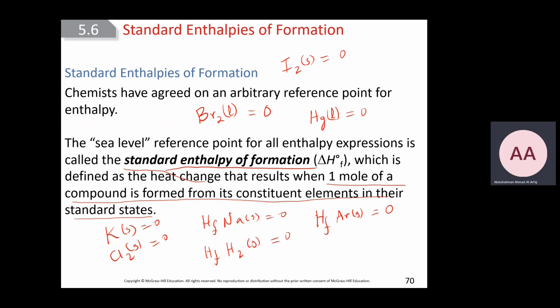Heat of formation is 0. All of these are 0. Heat of formation of carbon solid is also 0. Anything nitrogen as gas is also 0. And we have to put the standard, I mean the physical state, which is solid or gas or things like that.